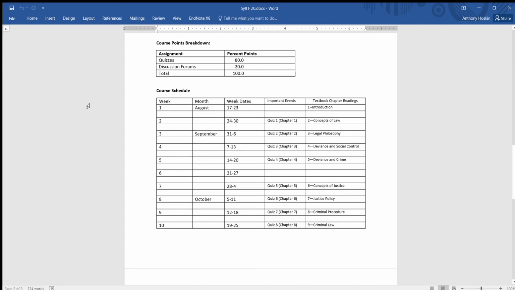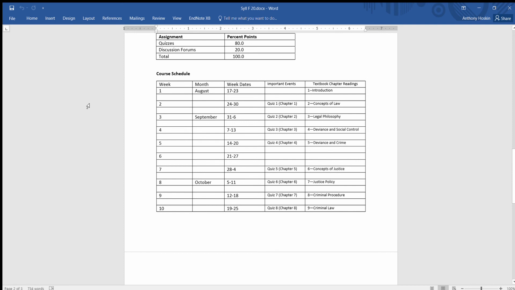The final thing I have listed here is the course schedule, and take a look at that so you can get a sense of how things move. Rule of thumb, it doesn't happen exactly this way every week, but it's basically one chapter a week, one quiz a week. We don't have a quiz this first week.